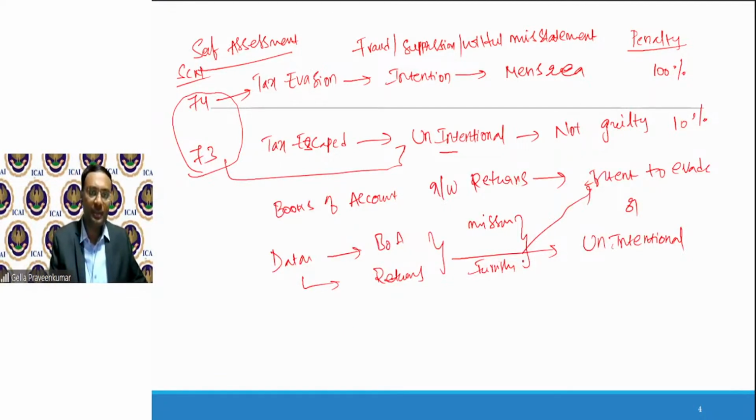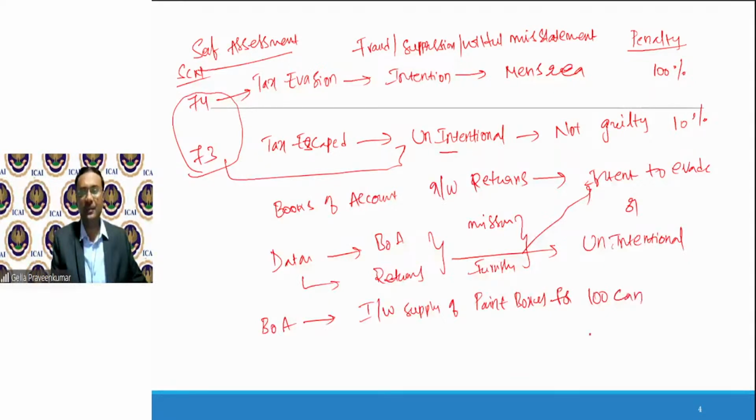So when you talk about books of accounts, I'll give an example. Assuming there is an inward supply of, say, paint boxes for 100 cans. Accounting is done only for 80 cans.